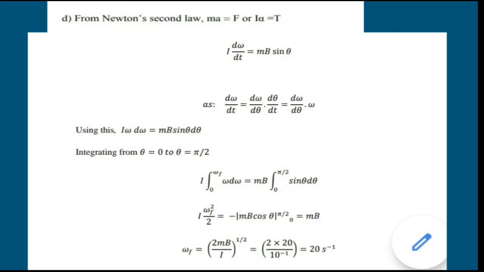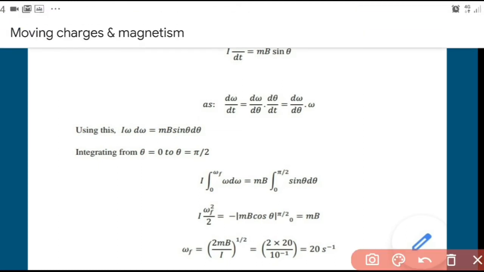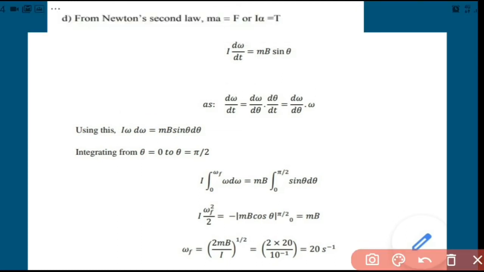And alpha is angular acceleration, which is the same as d omega by dt. So we have torque tau equal to I alpha, and alpha is d omega by dt. So we have I into d omega by dt equal to mB sin theta.